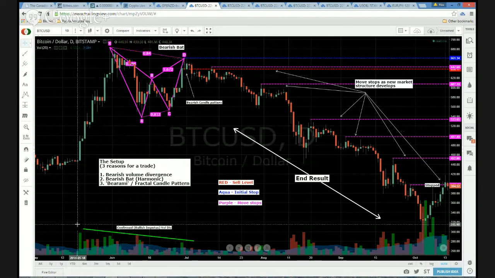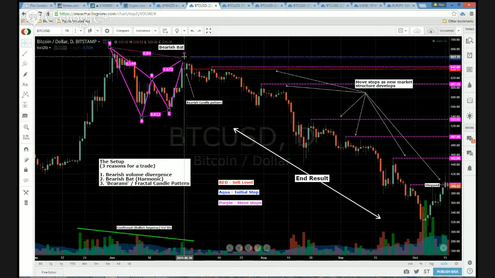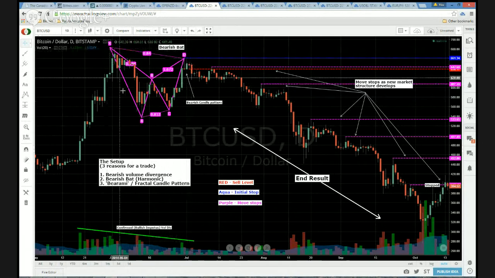So we had a volume divergence, then we had the bearish bat harmonic. The point about harmonics that's really important to understand is that none of these points represent a trade.